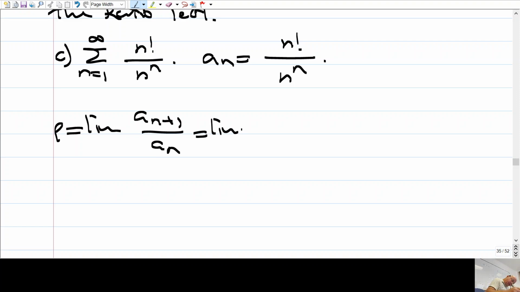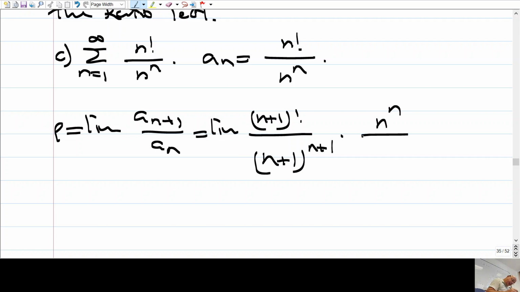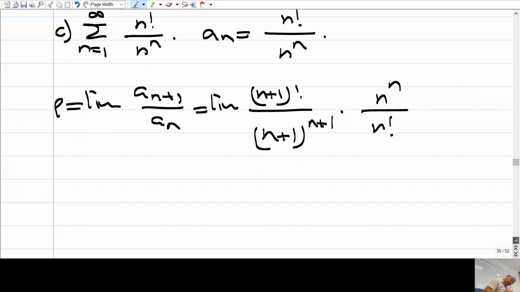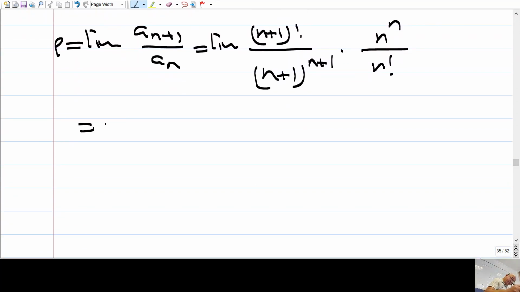So this is the limit of (n+1) factorial divided by (n+1) to the power n+1, and then I have n to the power n and n factorial. Well, what is this? The (n+1) factorial and n factorial simplify and give us n+1.